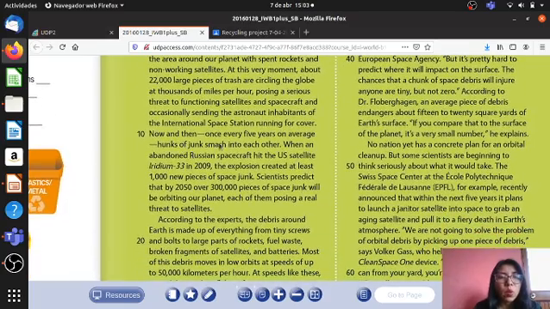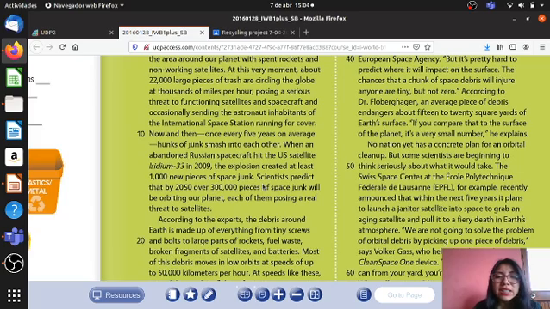Now and then, once every 5 years on average, chunks of junk smash into each other. When an abandoned Russian spacecraft hit the USA satellite Iridium 33 in 2009, the explosion created at least 1,000 new pieces of space junk.